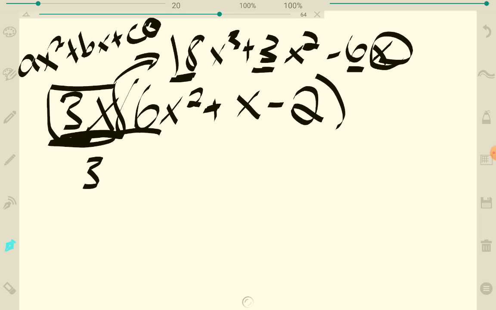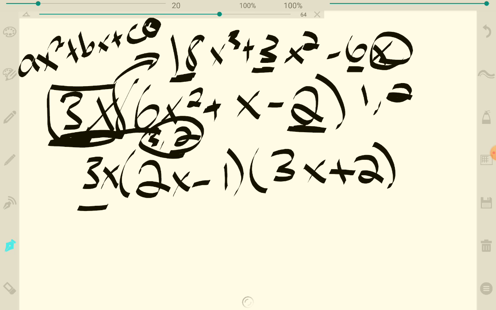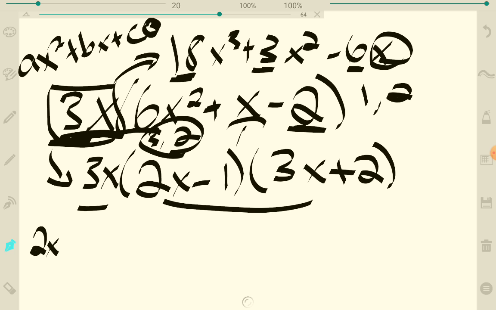And once we do that, we can do x, and we need to find factors of 2, which is 1 and 2, and factors of 6 would be 3 and 2 right here. So then we would do 3x times 2x minus 1 times 3x plus 2, because these two combined right here equal this top one, and this we just move down.